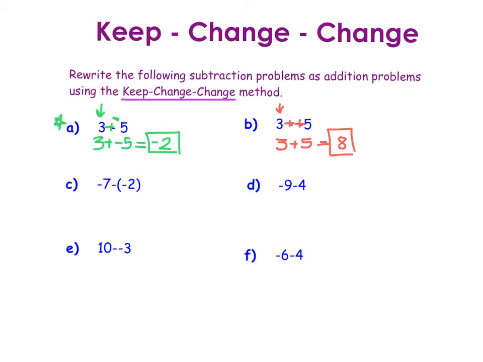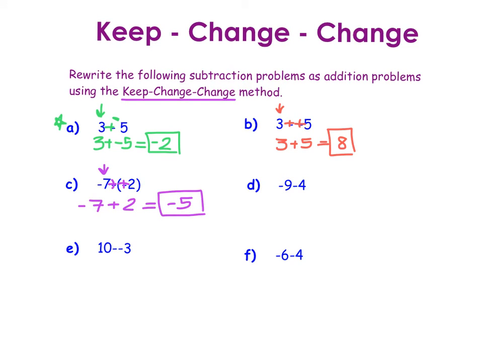Our next example down below, we have negative 7 minus negative 2. We keep the first one the same, change to addition, change the sign to be a positive. So we have negative 7 plus 2. Negative 7 plus 2, if we use our addition strategies, becomes negative 5.